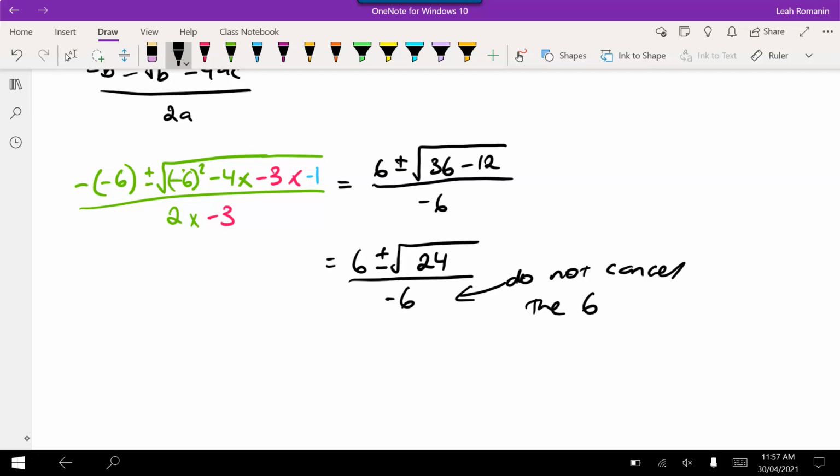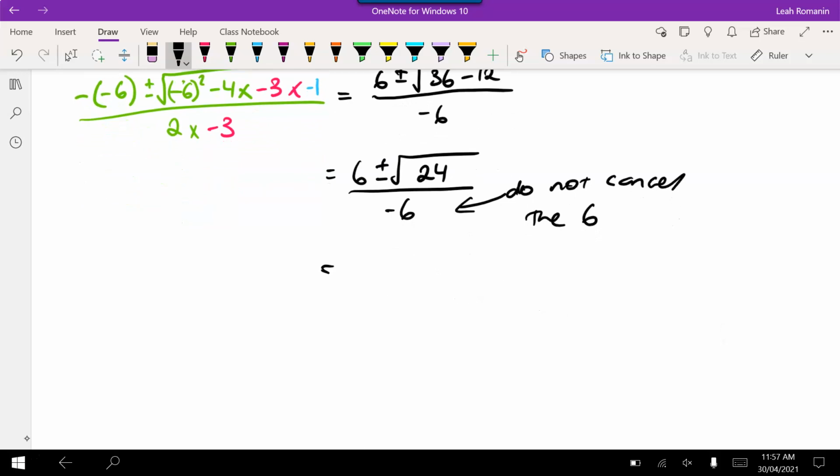We have addition on the top and subtraction, which means that that rule does not apply. If you are going to cancel by a factor, it must be available to cancel from every single term. At the moment, I can cancel the 2 6s, but that square root of 24, I can't cancel out a 6 there. So I can't cancel as of yet.